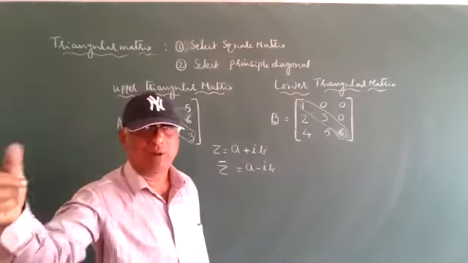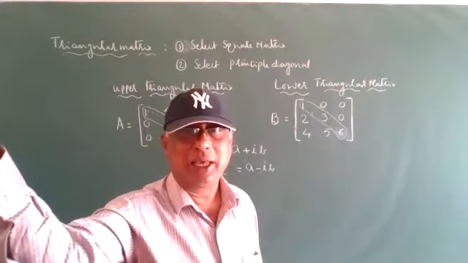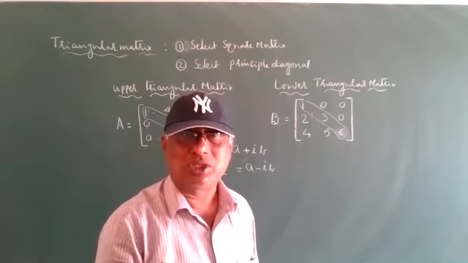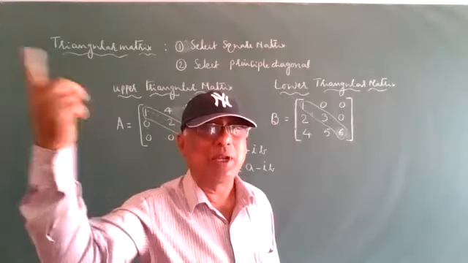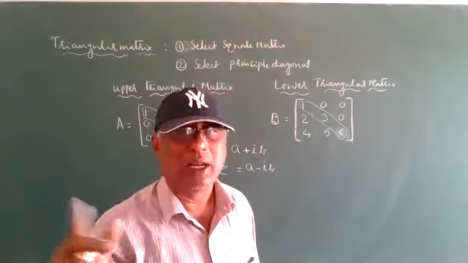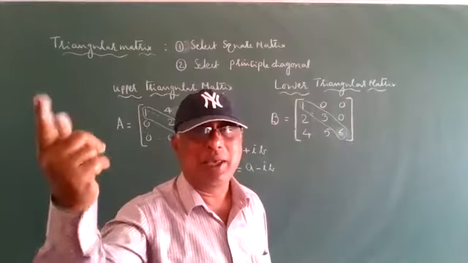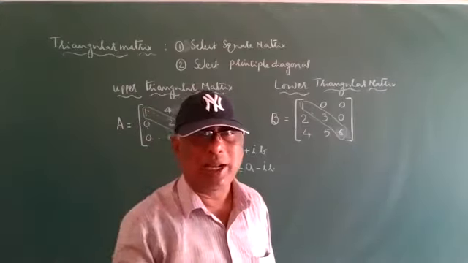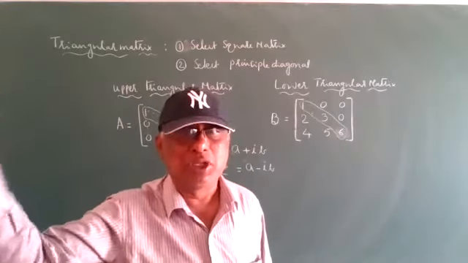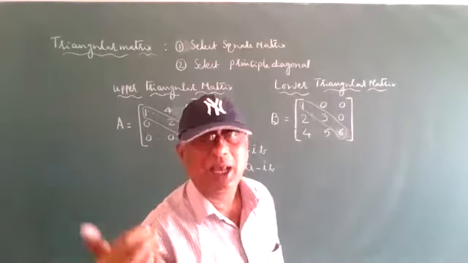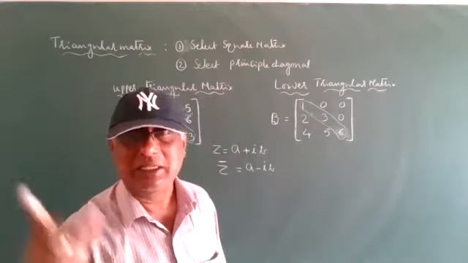So upper triangular, lower triangular: upper triangular means the upper side has the elements and the lower side of the principal diagonal is zeros. Lower triangular means below the principal diagonal are the elements, and the upside is zeros. Okay? That is the main point.